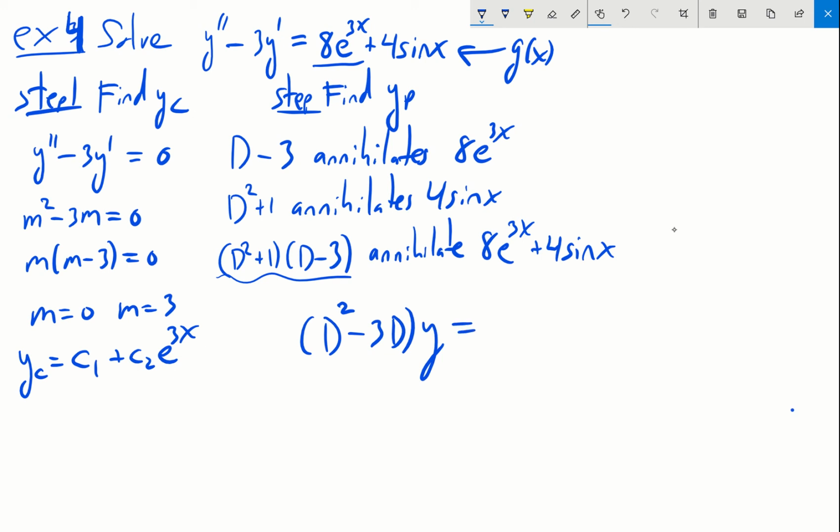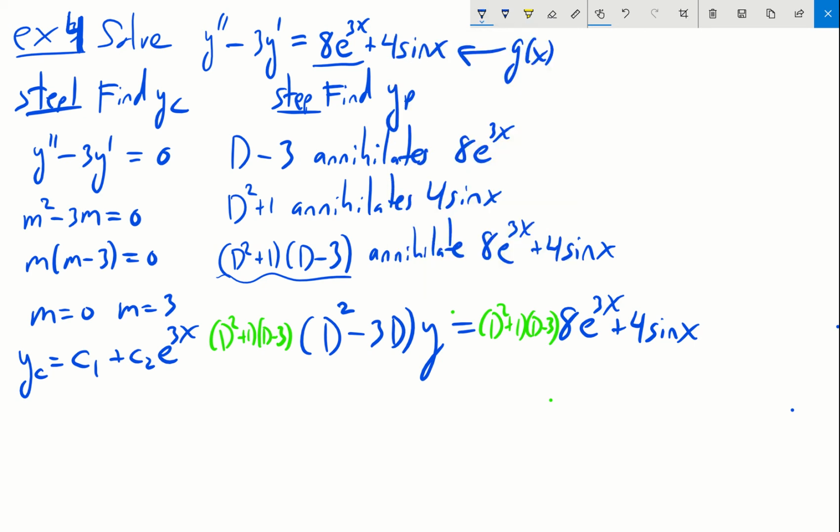This is equal to 8e to the 3x plus 4 sine x. And now let's apply our new operator here. We're going to apply D squared plus 1 times D minus 3 to both sides.